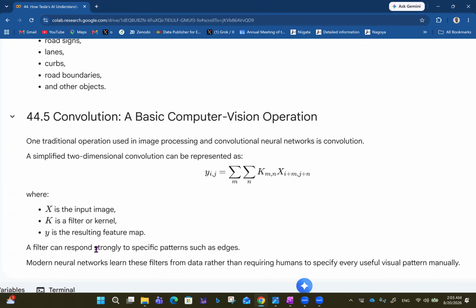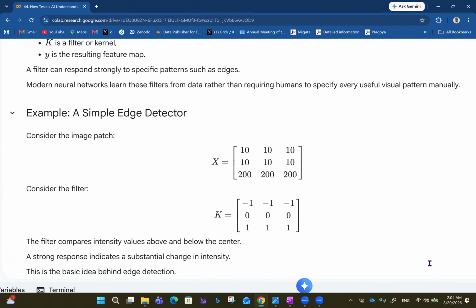A filter may respond strongly to specific patterns such as edges. Modern neural networks learn these filters from data rather than requiring humans to specify every useful visual pattern manually, because it's a lot. It's better that the computers learn themselves.